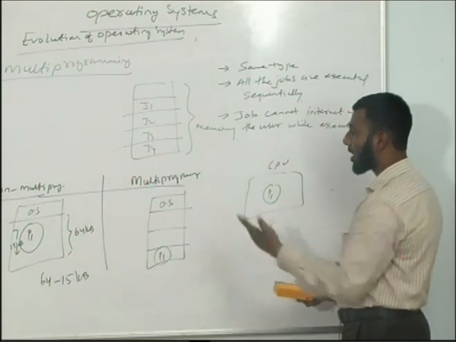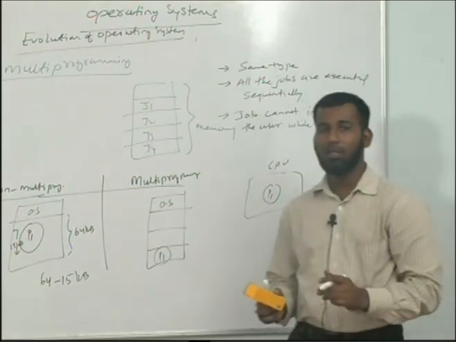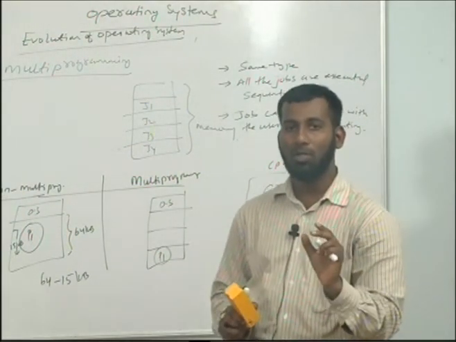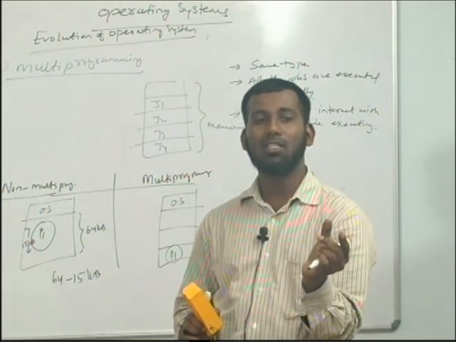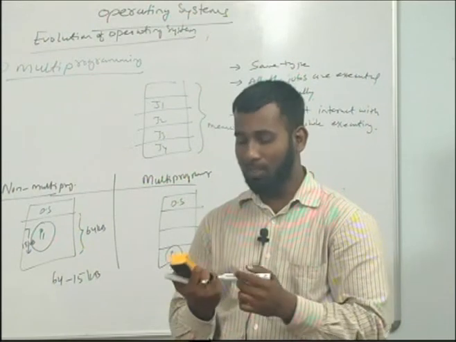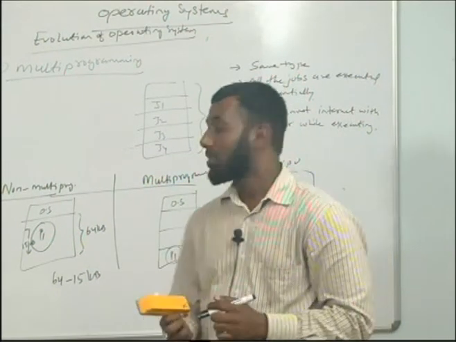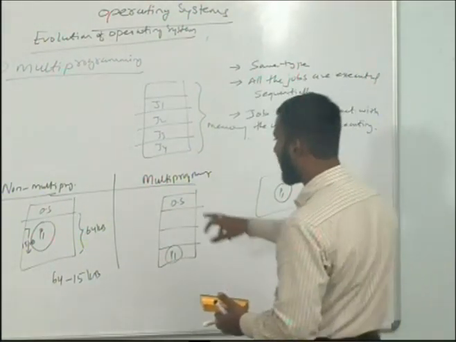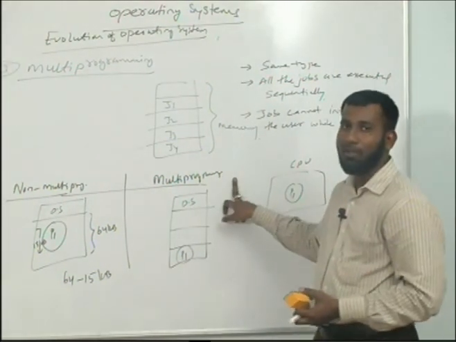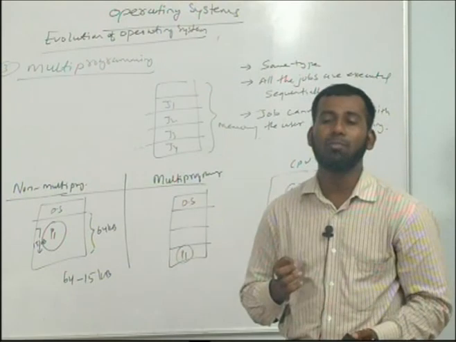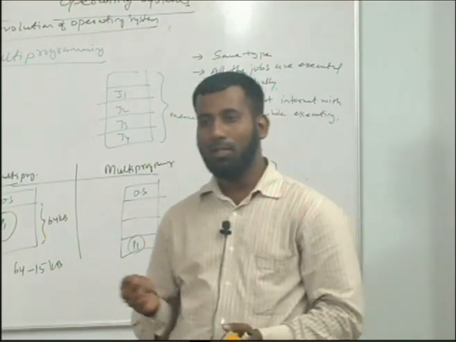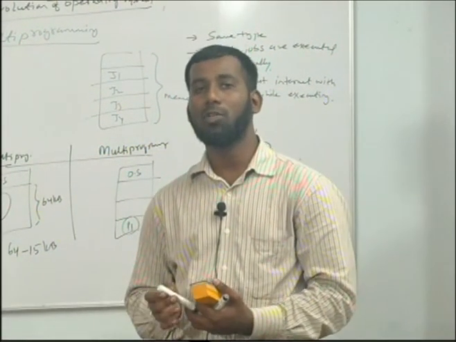So in multi-programming, the process leaves the CPU either when it has finished its execution, or when it is performing some IO operation. That is what happens in multi-programming with non-preemption. In the next lecture we'll talk about multi-programming with preemption and what time sharing is, and then we'll do a few problems on scheduling algorithms.